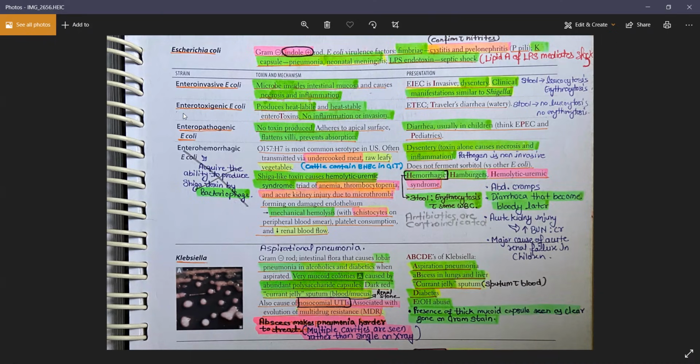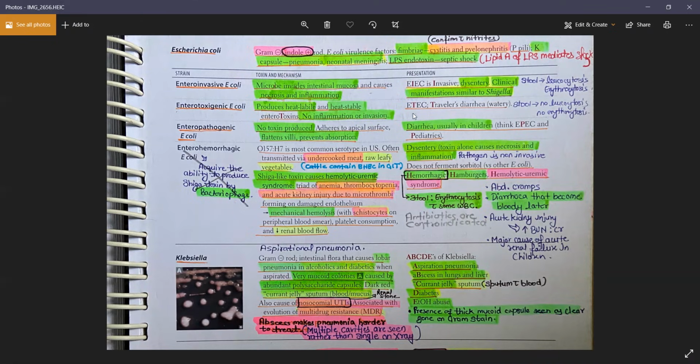Then enterotoxigenic E. coli, and they basically act through the toxins. The toxins we have already discussed about the heat labile toxin and the heat stable toxin. So what they will cause? No inflammation and no invasion, just the effect of toxins, which causes the watery diarrhea.